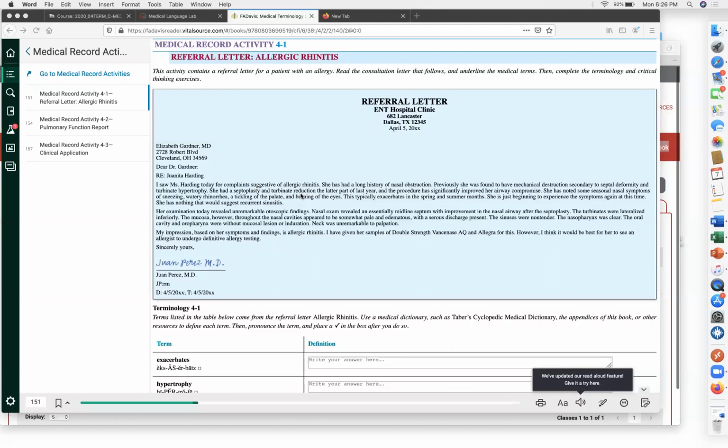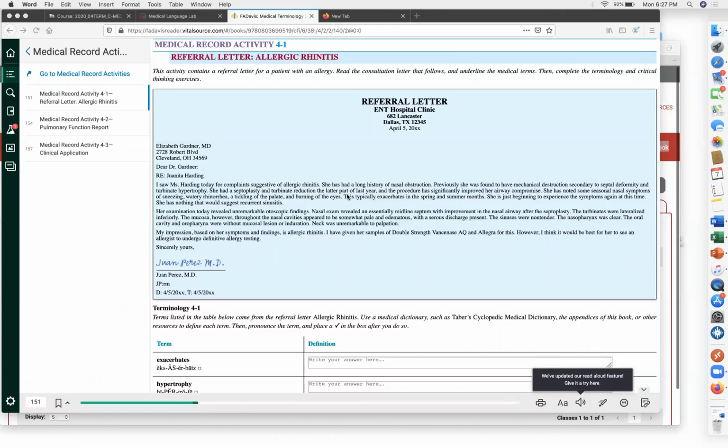What did we do to the hypertrophy? We did turbinate reduction. That means we did an ectomy, right? So could be a turbinectomy. We reduced the amount of tissue because it was all hypertrophied. And when did they do that? The latter part of last year, so late last year. What was the management? Well, it improved her airway.